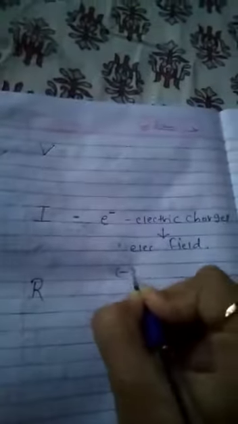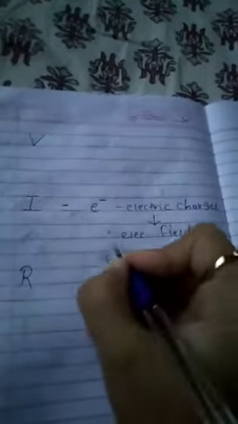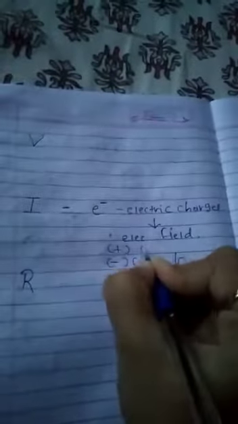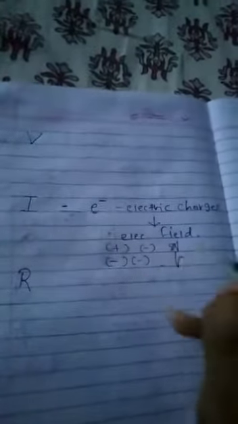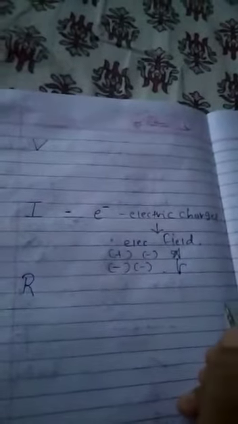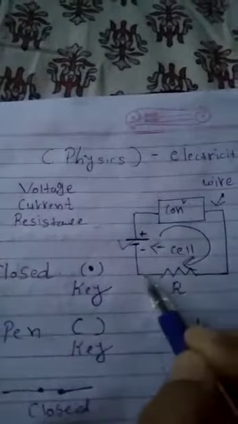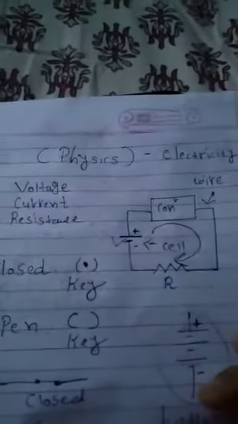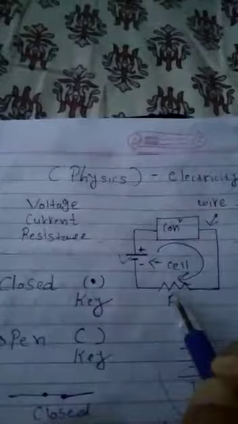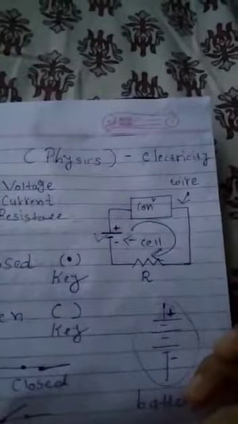But one thing I want to say: in the previous class we understood that negative charge is going to repel and positive and negative charges are going to attract, right? If only electrons pass through this wire, or electric field, then they would repel.